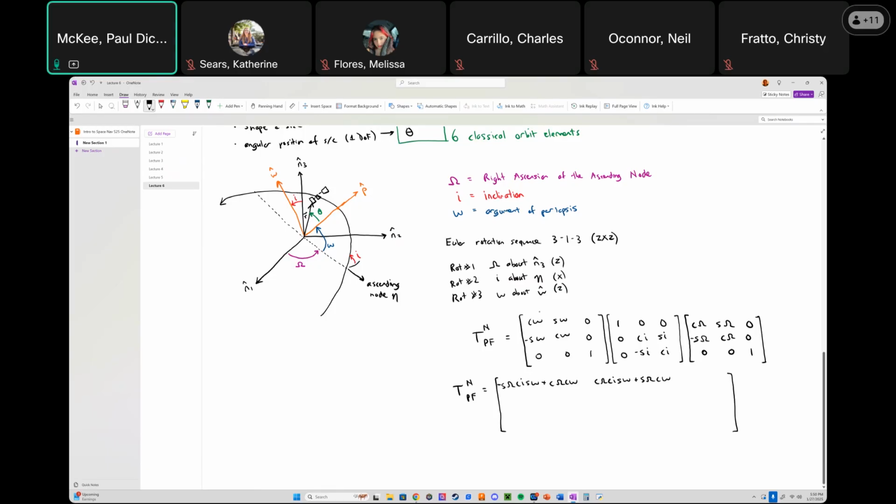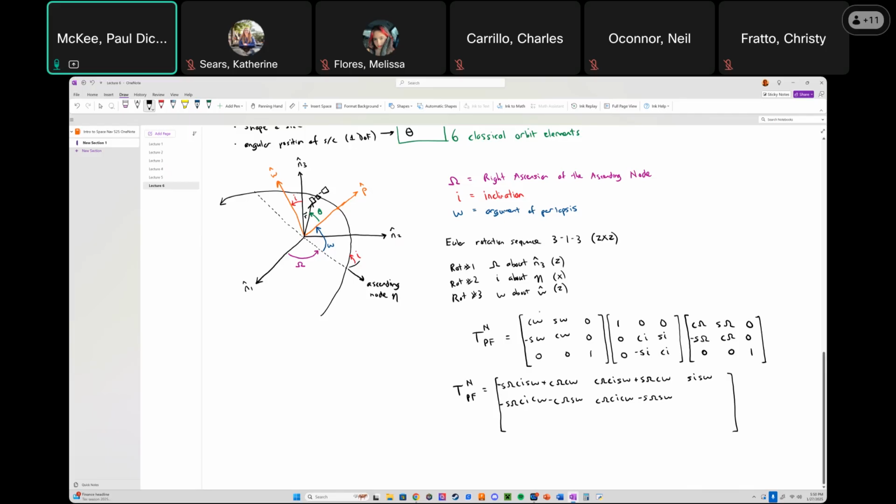And then mercifully, we have a simple one. Sine of I, sine of omega. And then we've got negative sine capital omega, cosine I, cosine little omega, minus cosine capital omega, sine of little omega. And then cosine capital omega, cosine I, cosine of little omega, minus sine capital omega, sine of little omega.